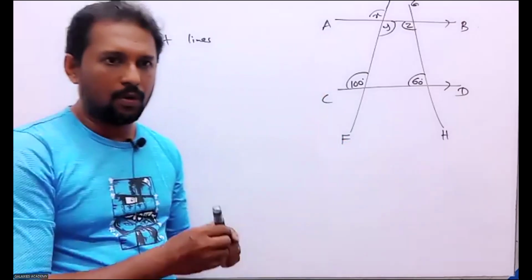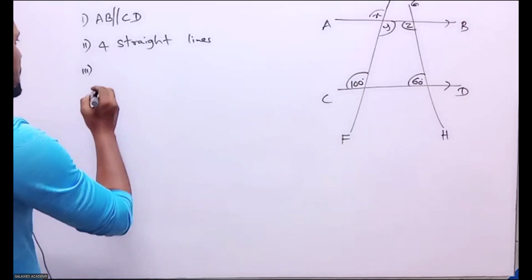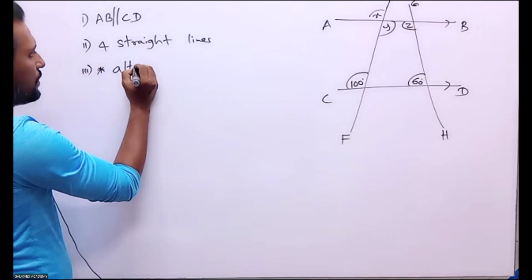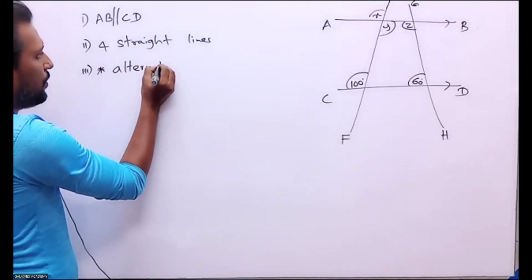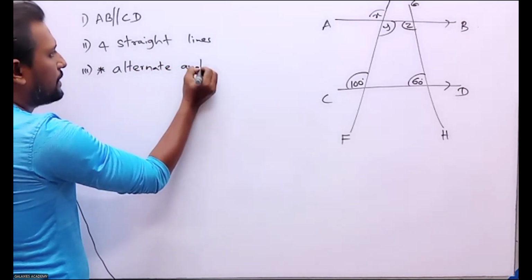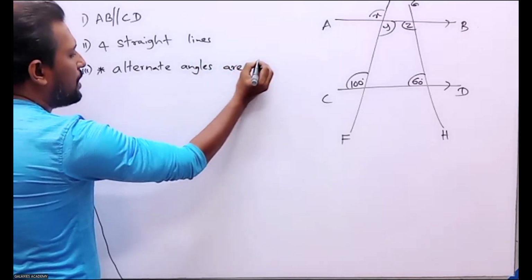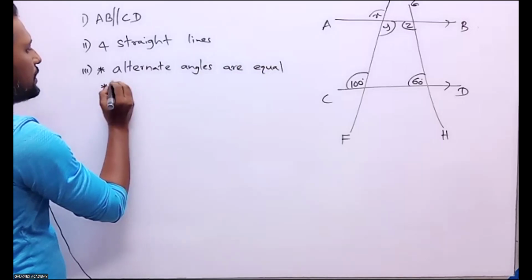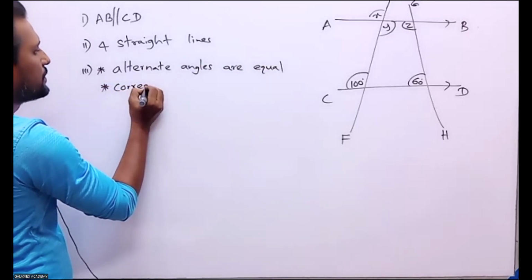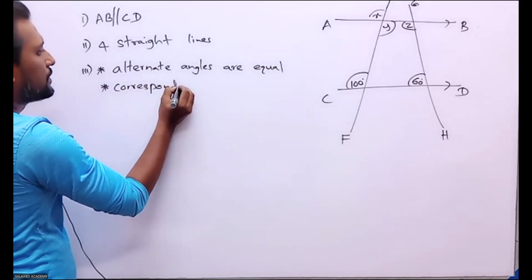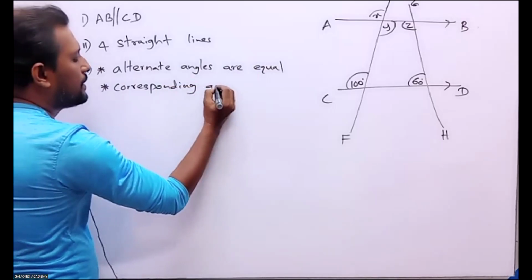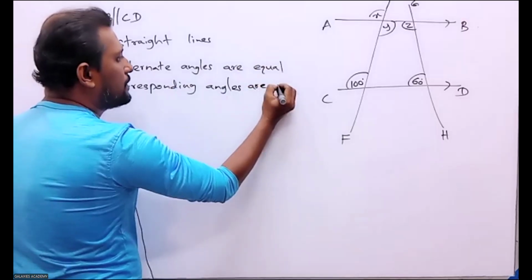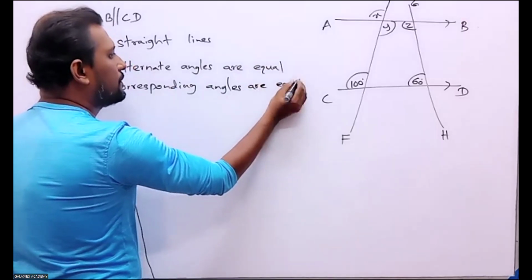First, I can write one relation: alternate angles are equal. Another relationship, corresponding angles are equal.